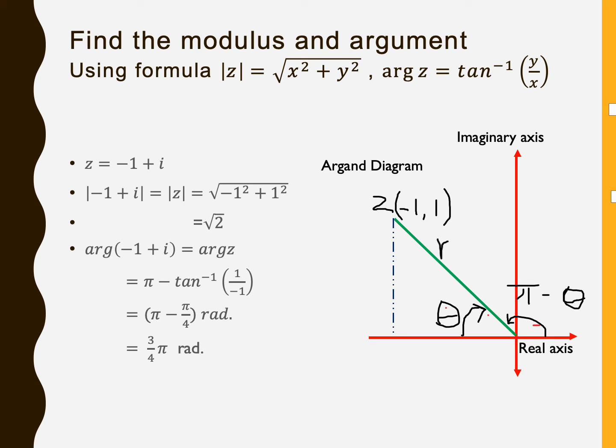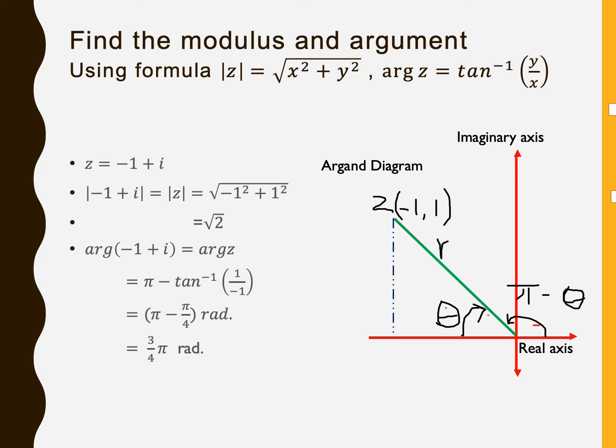Arctangent -1 can be in the second quadrant or fourth quadrant. Therefore, it is important to locate the point on the Argand diagram to make the decision. After we locate the point for the complex number z equal to -1 plus i on the Argand diagram, it is in the second quadrant.